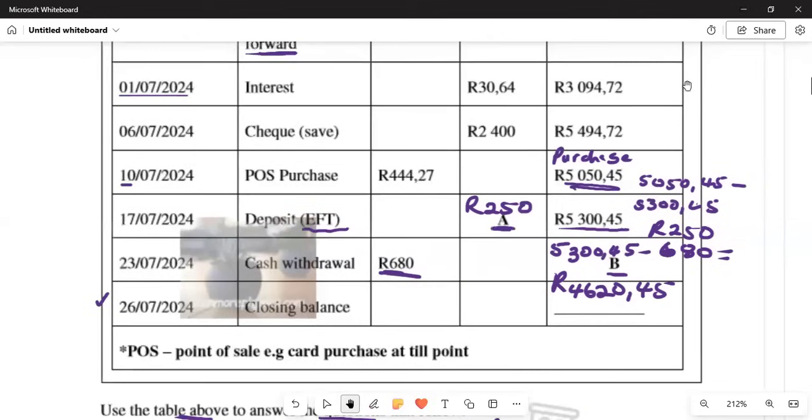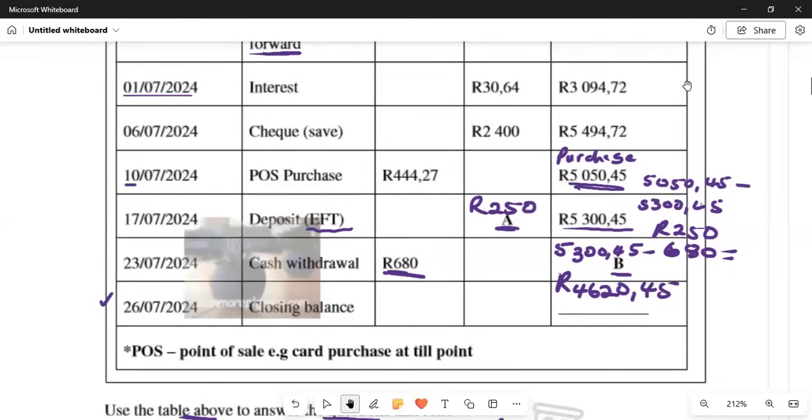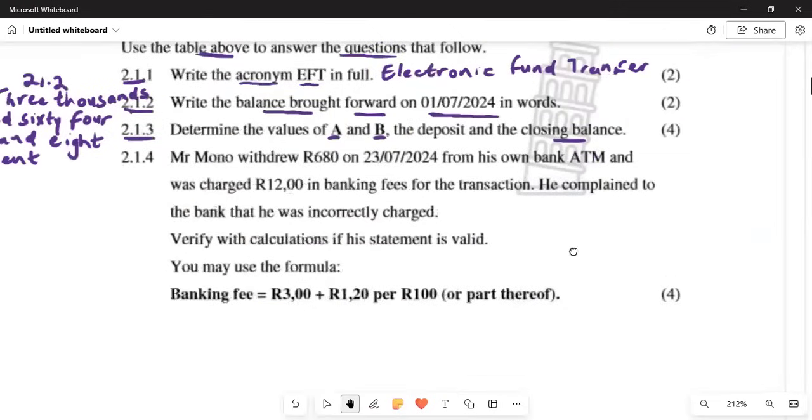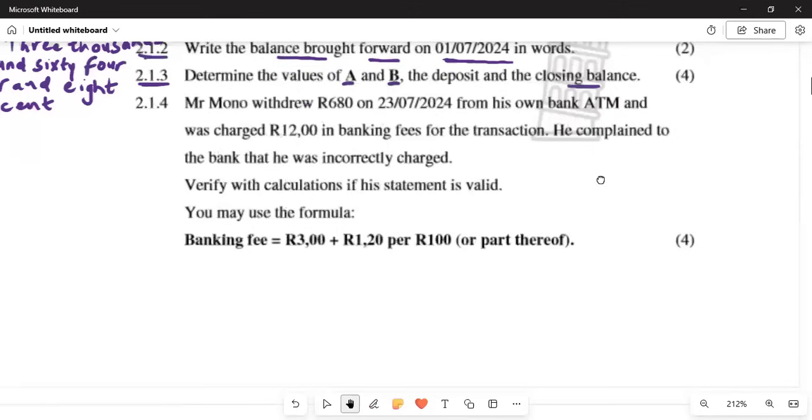All right. Then I want us to move on to the other sections of our question. In this case, we go to question 2.1.4.